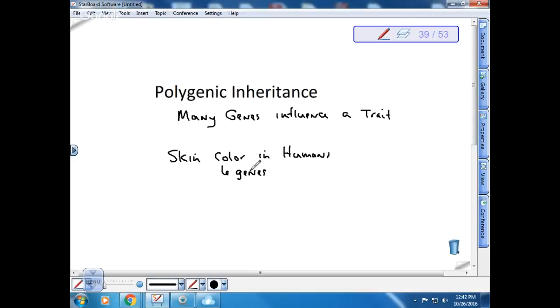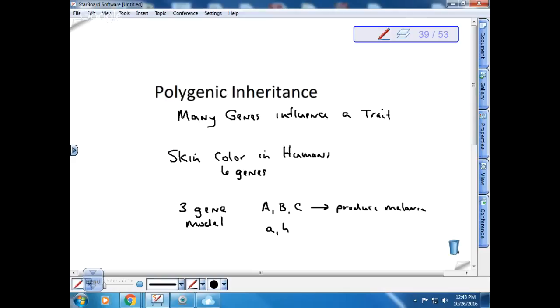And so I'm only going to talk about 3, and I'm just going to show you how it works, okay? So let's just simplify it to 3 genes, where A, B, and C produce melanin. So I'll just put 3 gene model. Okay.